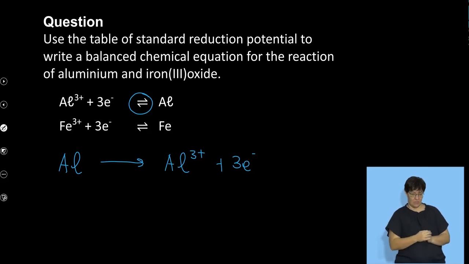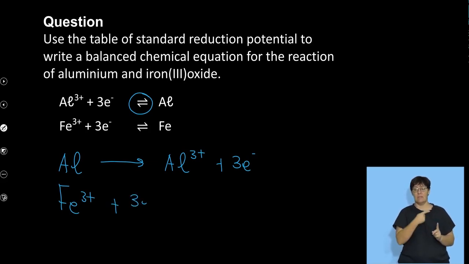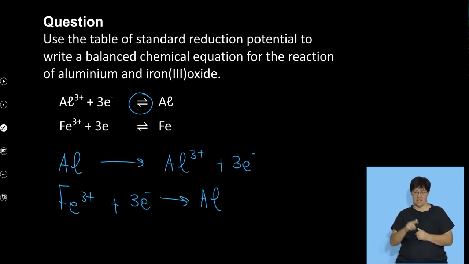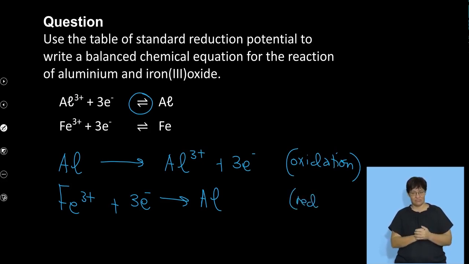While the one below is going to be iron(III) plus 3 electrons to give us iron. So the first half reaction, as we have seen in the previous example, is the oxidation half reaction, while the one below is the reduction half reaction.